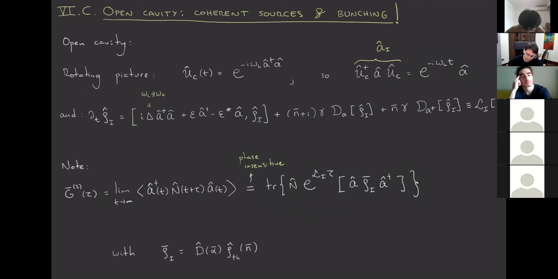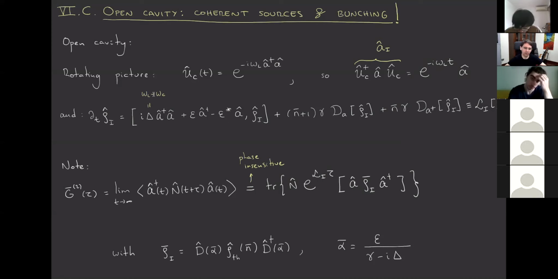We have a thermal state with number of excitations n, which is the n that appears in the master equation, and then with a displacement, I will call it alpha tilde. And this alpha tilde, in terms of the parameters in the master equation, is nothing but something proportional to the driving rate, divided by the losses and the detuning. Okay? So this is something that we already saw in the last chapter.